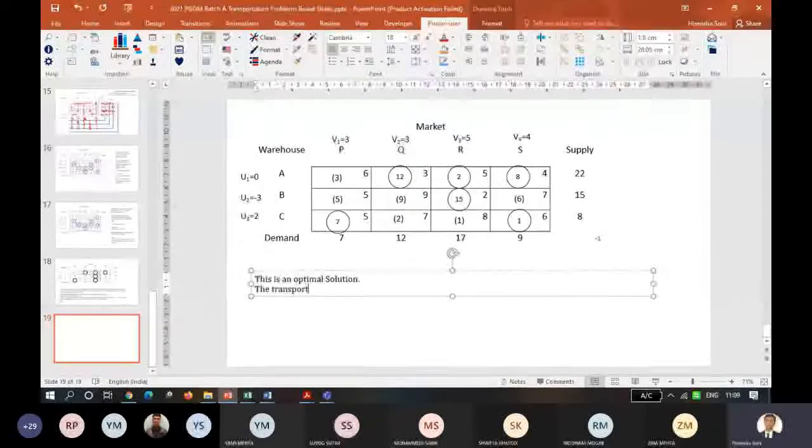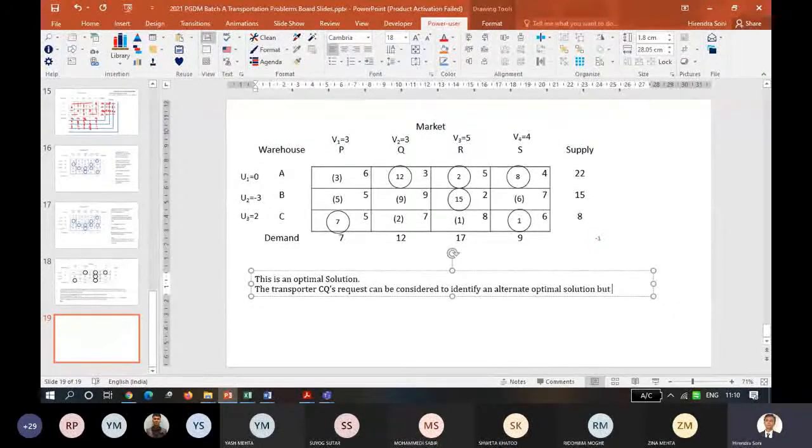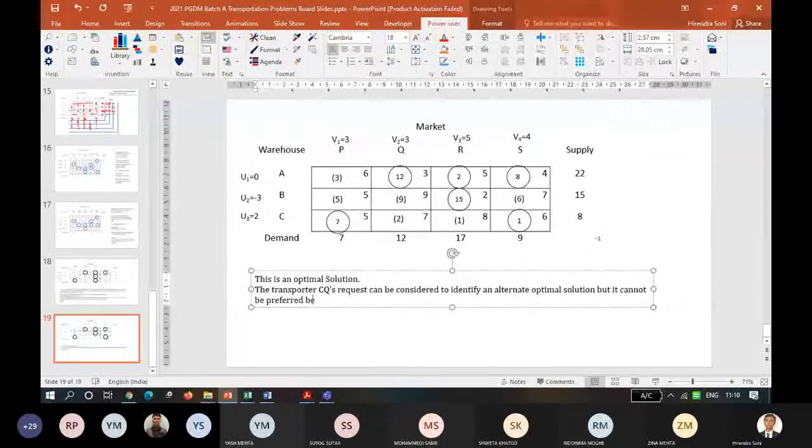The transporter C to Q request can be considered to identify an alternate optimal solution, but it cannot be preferred because the total transportation cost remains unchanged. समझा?